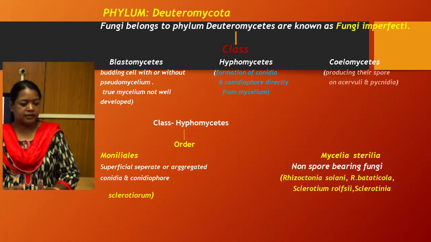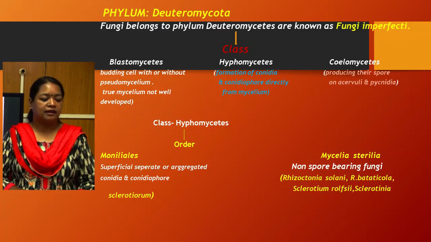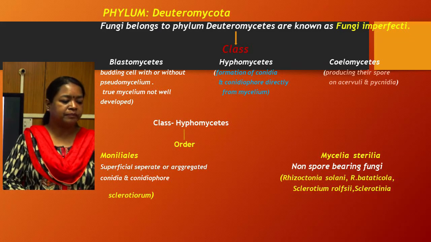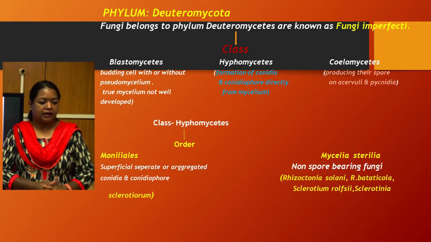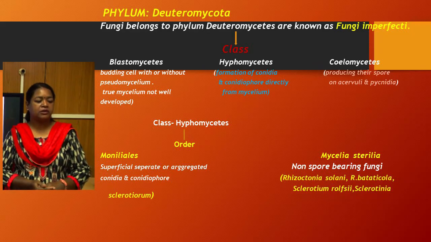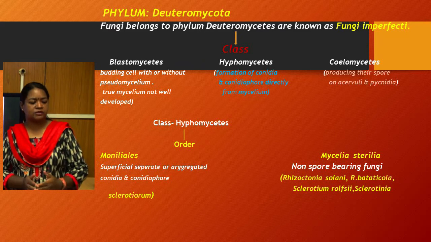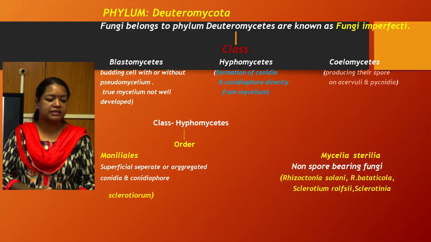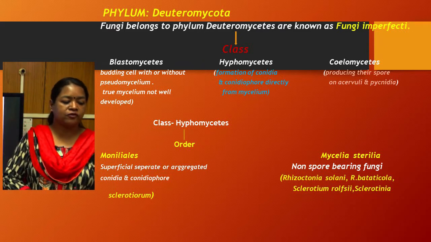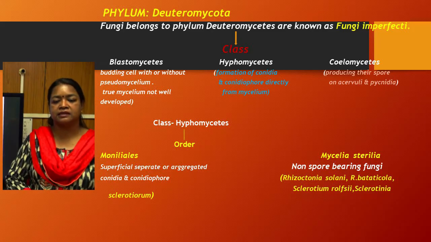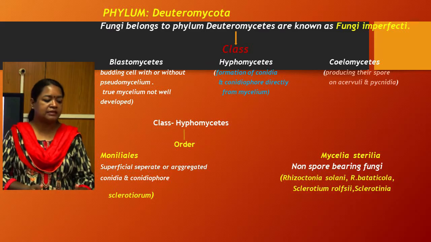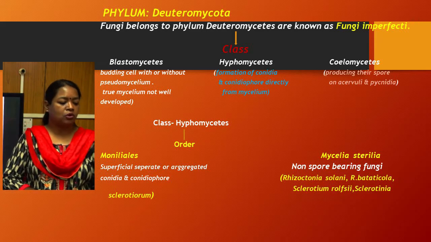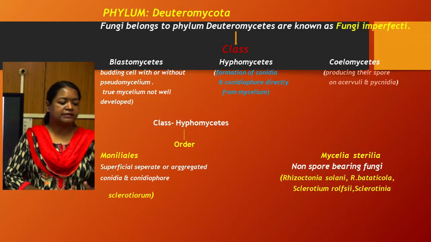Now the imperfect fungi belongs to the phylum Deuteromycota. These fungi are divided into three classes. First one is Blastomycetes, second class is Hyphomycetes, and third class is Coelomycetes. In the Blastomycetes, budding cells with or without pseudomycelium.